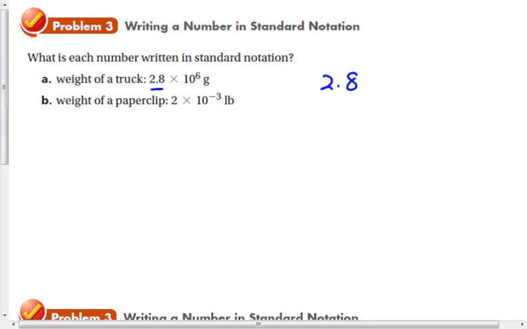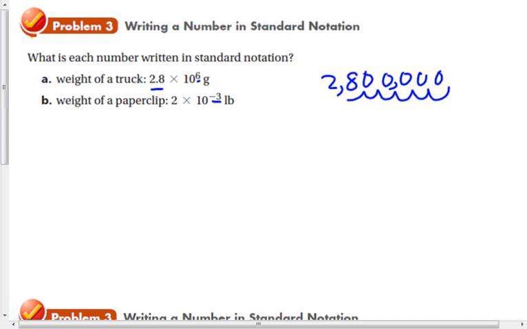And since it's a positive power of 6, that means the decimal is going to move to the right 6 places. 1, 2, 3, 4, 5, 6. So we need to fill in those places and then change the number to 2,800,000.